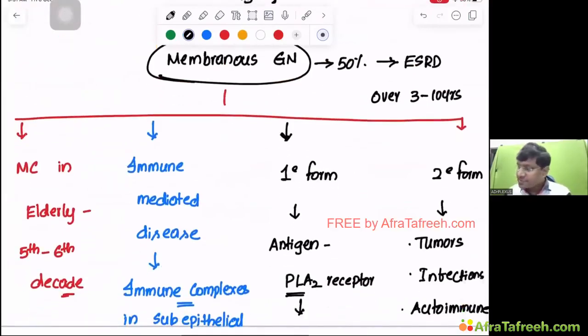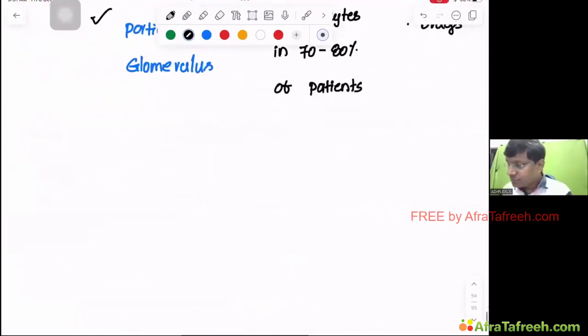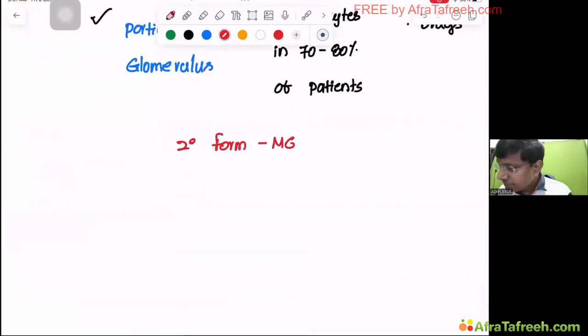Right, now let me discuss the secondary forms. What did I tell you? It is associated with infection, certain autoimmune disorders, certain malignancies, and certain drugs. Now, what are those causes for the secondary form of membranous glomerulonephritis?